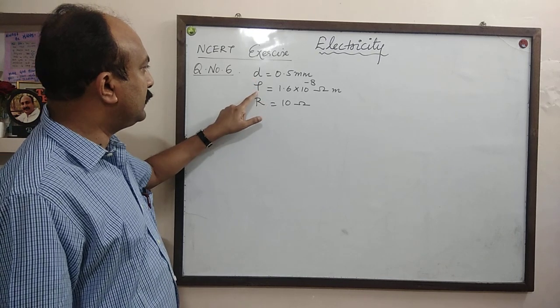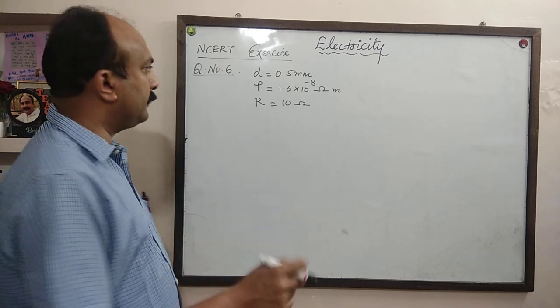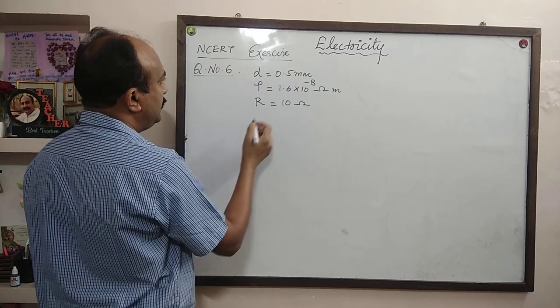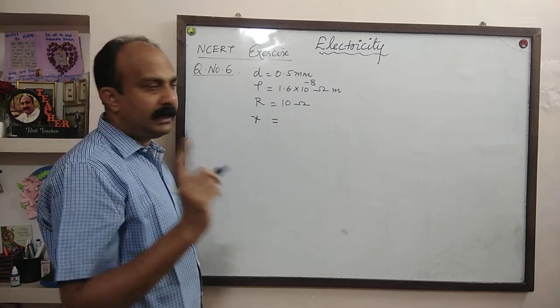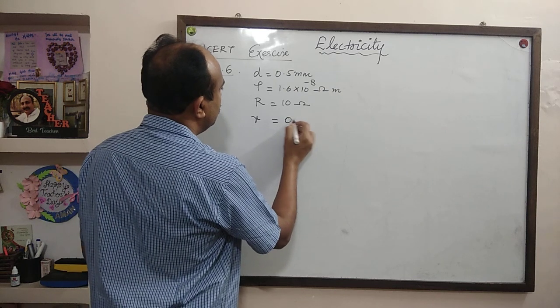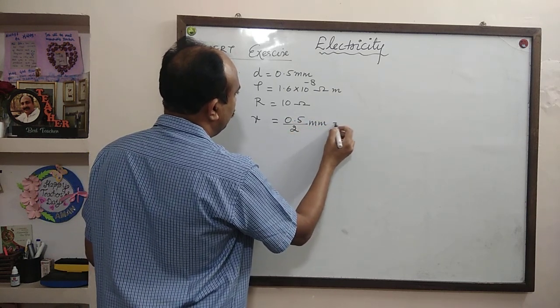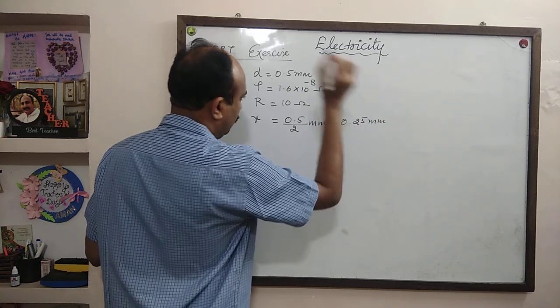Given diameter, rho and R. We are asked to find L. First of all, I am going to change this diameter. Diameter is 0.5 millimeter. Therefore, radius R is equal to 0.5 upon 2 mm, which is equal to 0.25 mm.